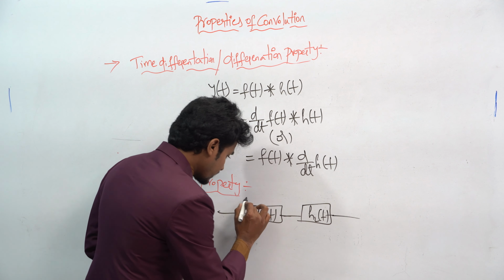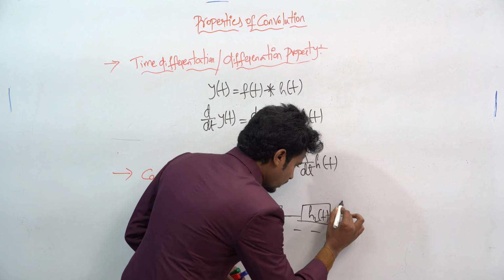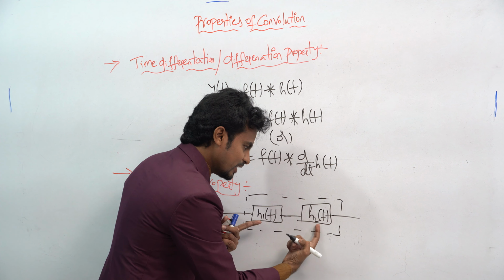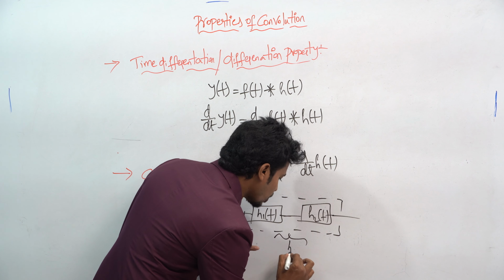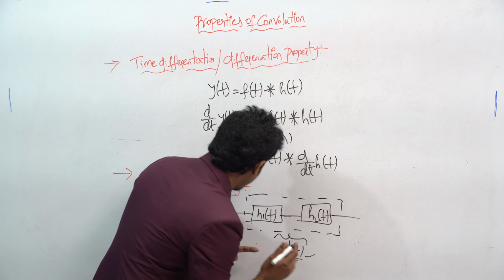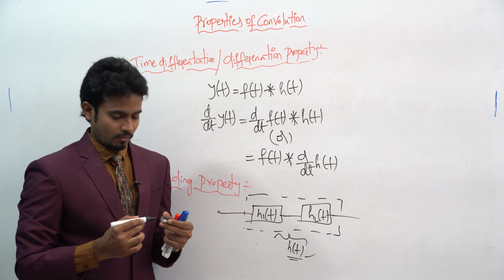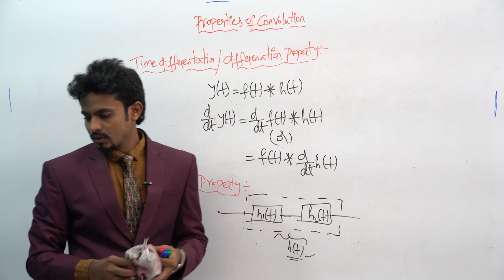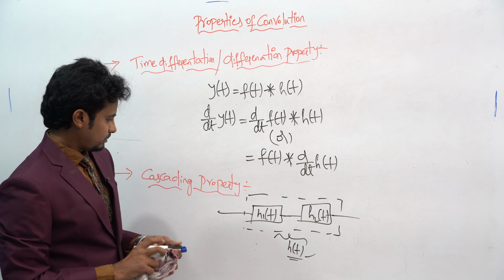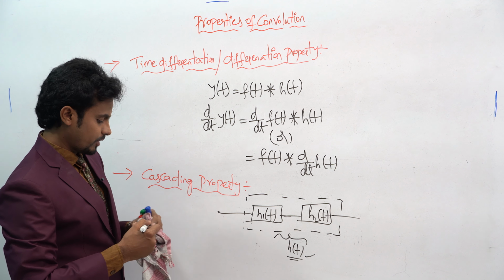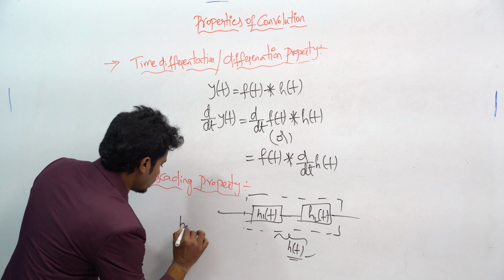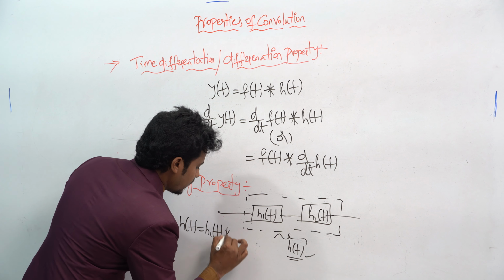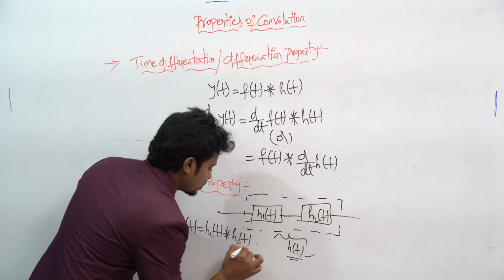If you replace this h1 of t and h2 of t with h of t, then it is said to be the cascading property. How can you write h of t? h of t will be h1 of t convolved with h2 of t.